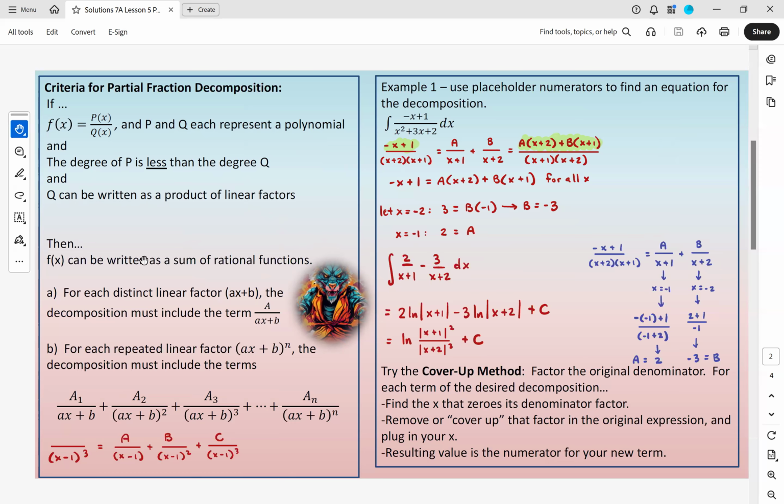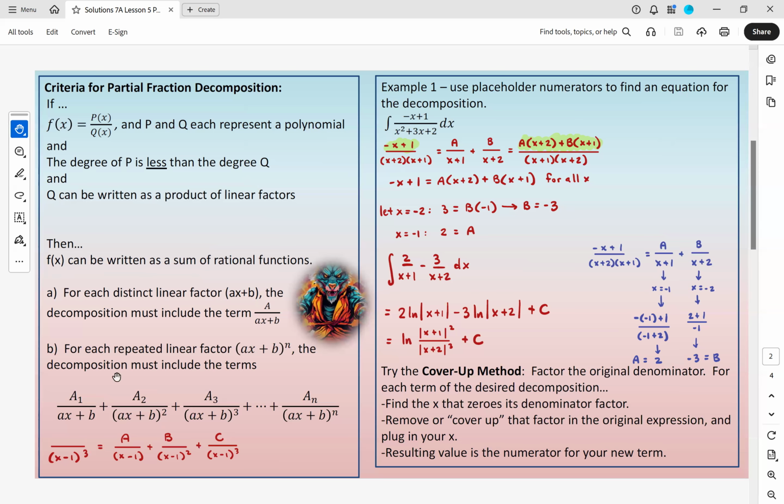If we meet those conditions, then we know our original fractional integrand can be written as a sum of rational functions. For each distinct linear factor, the decomposition is going to have a term with that particular factor in the denominator.